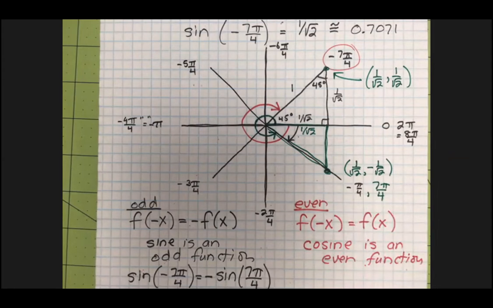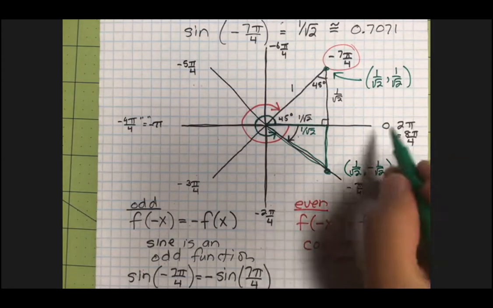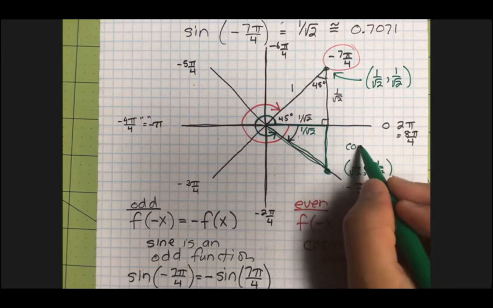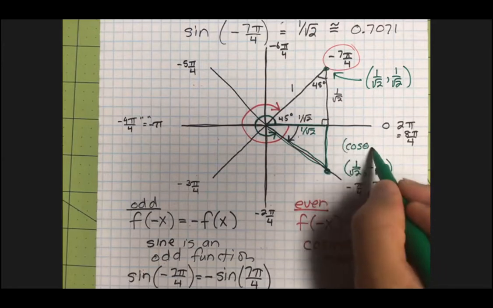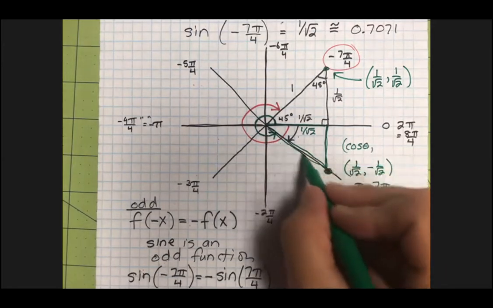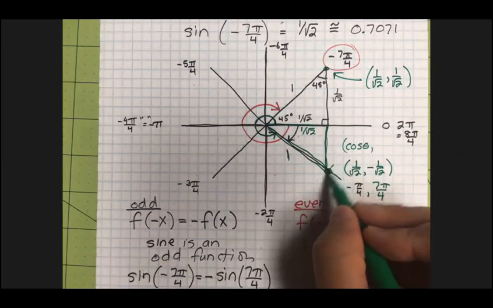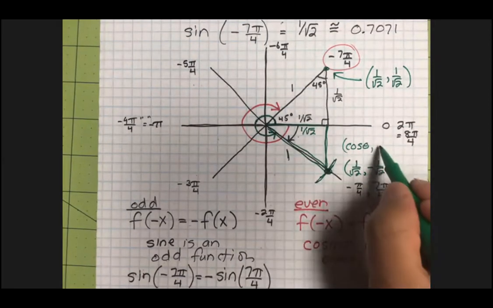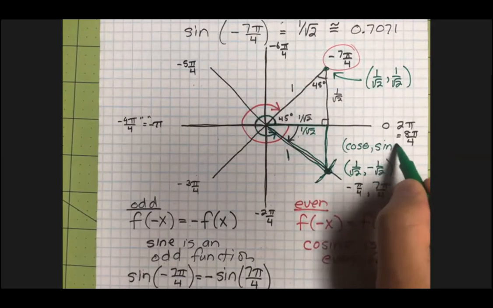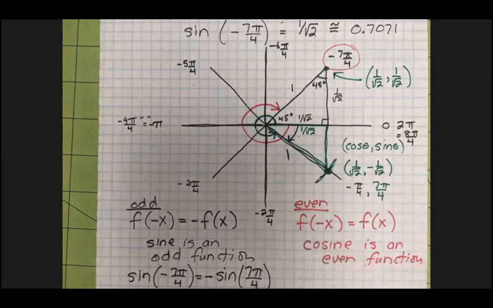And the sine of 7 pi over 4, remember, on a unit circle, the point at the end of this radius 1, the point on the unit circle, is reading the sine and cosine to you. So the sine of 7 pi over 4 is negative 1 over root 2.